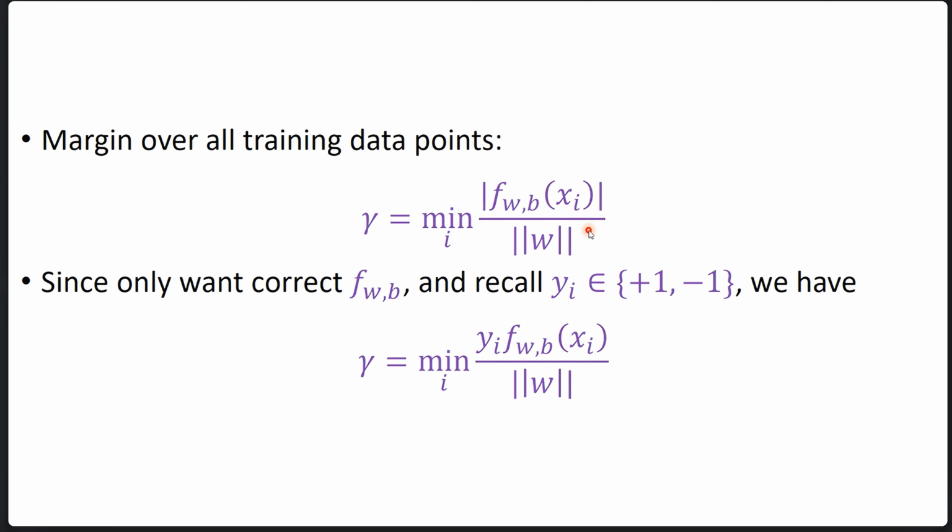And now since you have the margin, the goal is basically to maximize the margin, this distance. And this margin doesn't consider positive samples and negative samples separately. So for that, we also need to multiply it with the target variable y, which is either plus 1 or minus 1. Right. Now, this value can be either positive or negative, but it is positive given your hyperplane is perfectly separating.